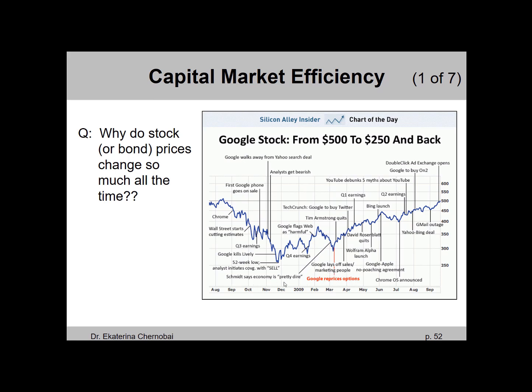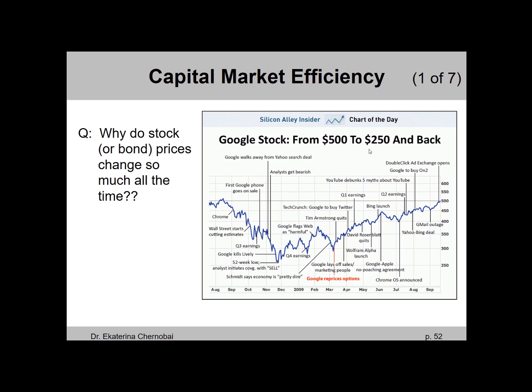Somebody says that the economy is pretty dire. Things like that. So it could be some announcement made by some economist or some big merger by some competitors in the same area of business, or somebody said something about Google, or Google did something, right?